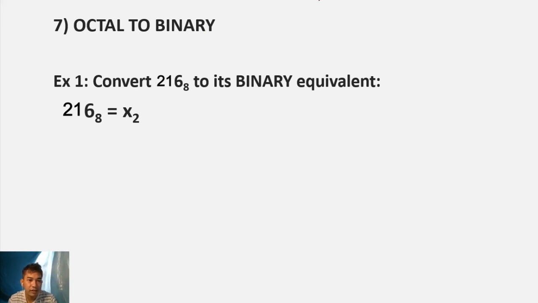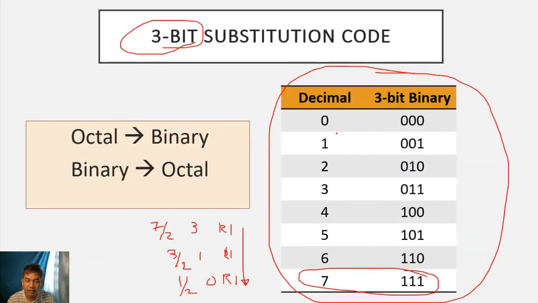Okay, so let us convert 216 base 8 to its binary equivalent. So, convert natin from octal to binary. So, we will be using 3-bit substitution code. Okay, so always remember that in this method, we will be using this table.